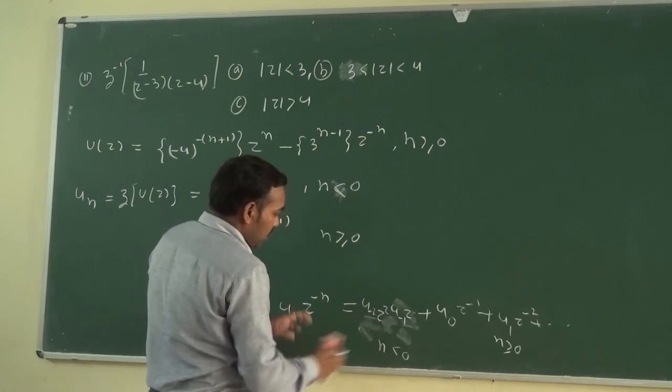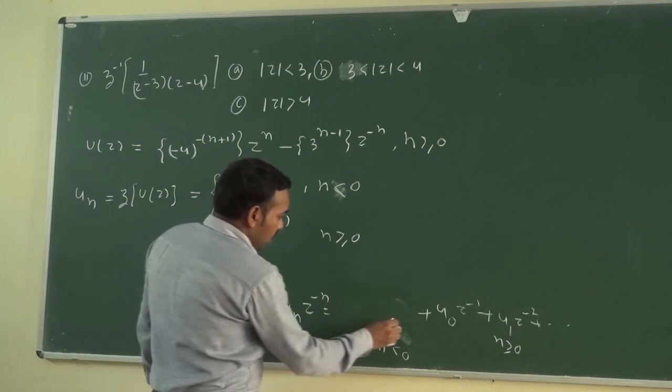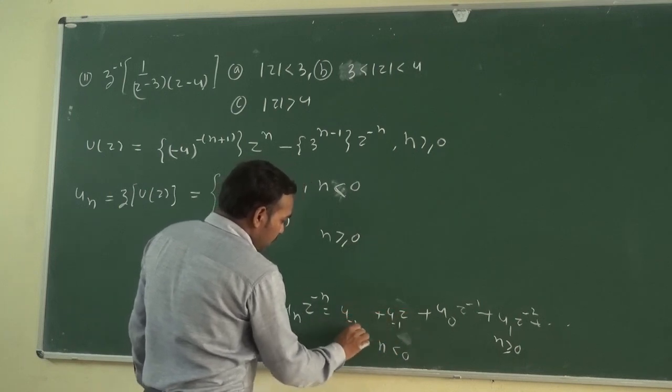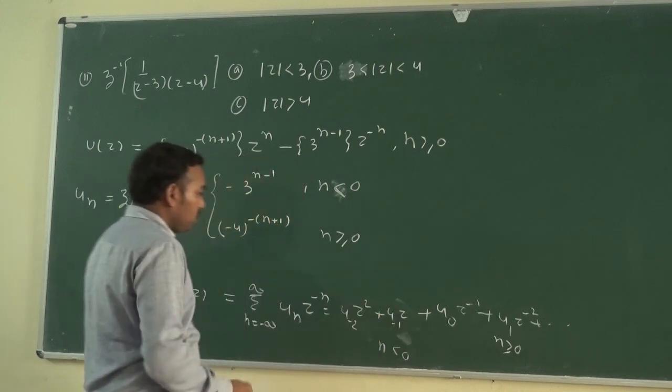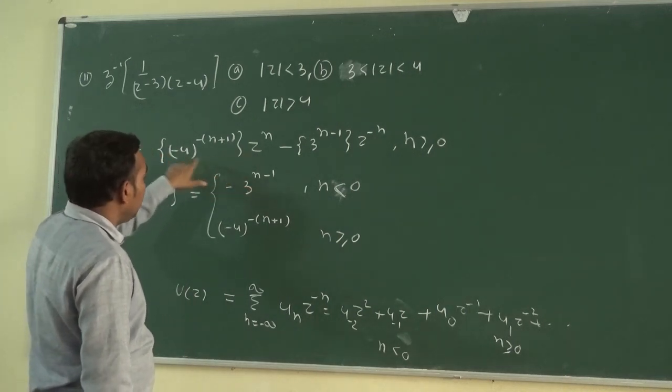u minus 2 means you can simply write u minus 1 z plus u minus 2 z square. So see here, this is z square, z cube.